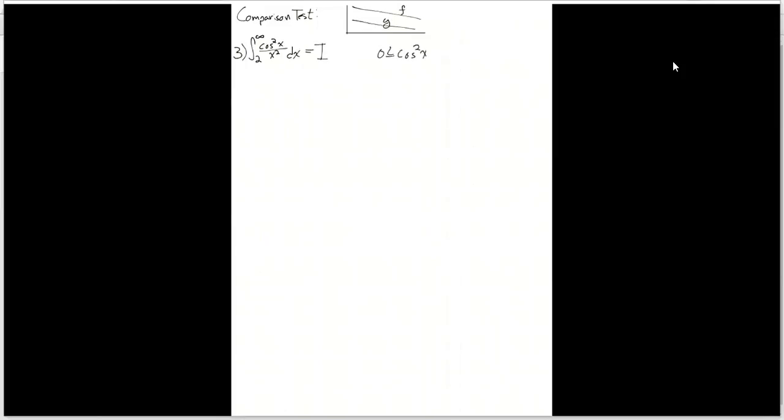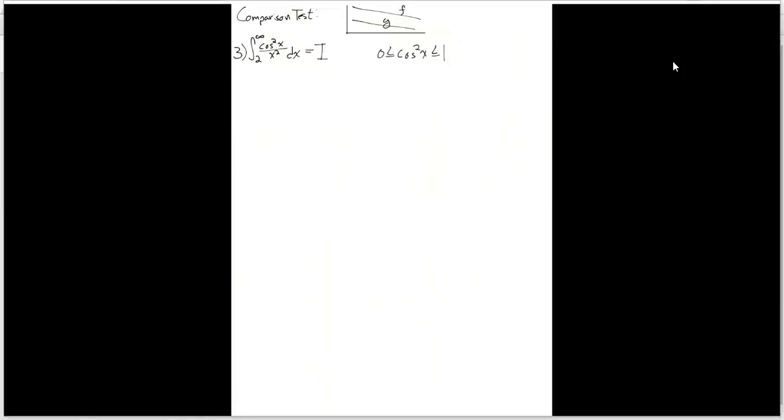So we can bound this numerator. Cosine squared is bounded between 0 and 1, right? Because cosine is bounded between -1 and 1, and if we square that, we're bounded between 0 and 1, always positive. Now, what we can do with this expression is divide all of them by x squared.